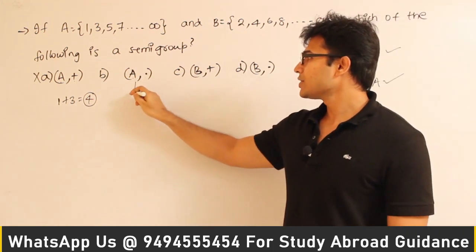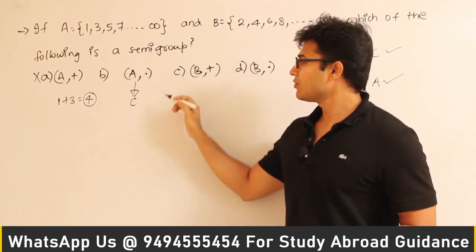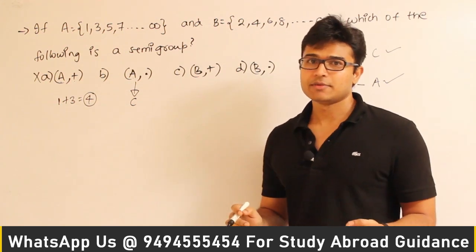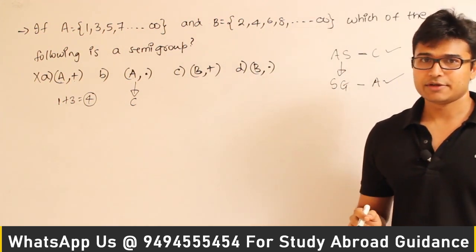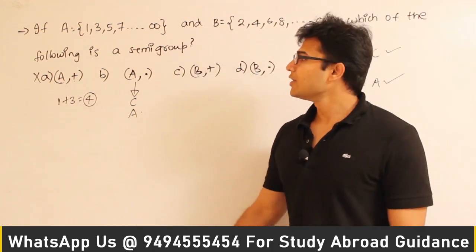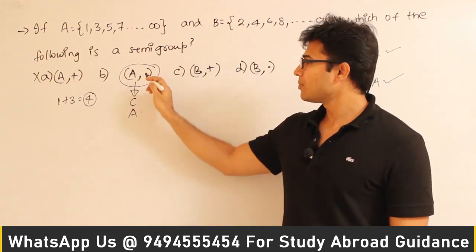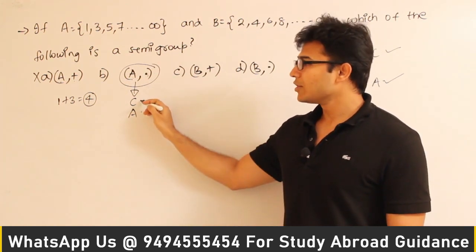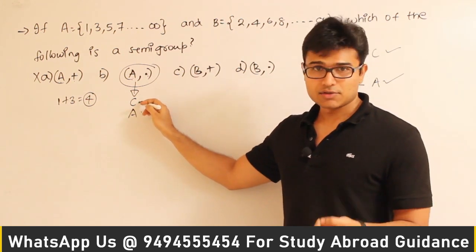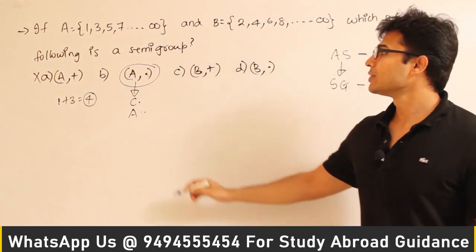Therefore closure is satisfied. And what about associativity? The operation is multiplication, so obviously associativity holds good. Therefore this set A over multiplication obeys these two rules: it is closed and it is associative. Therefore it is going to be a semi-group.